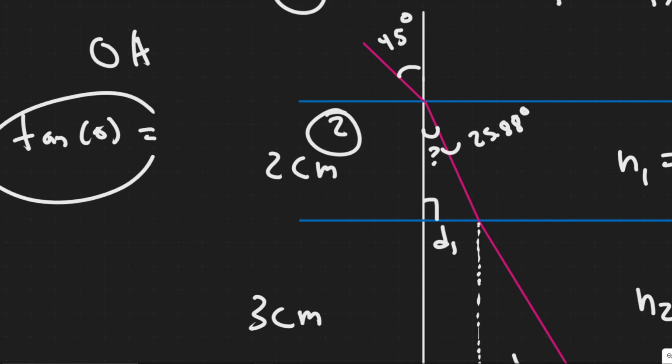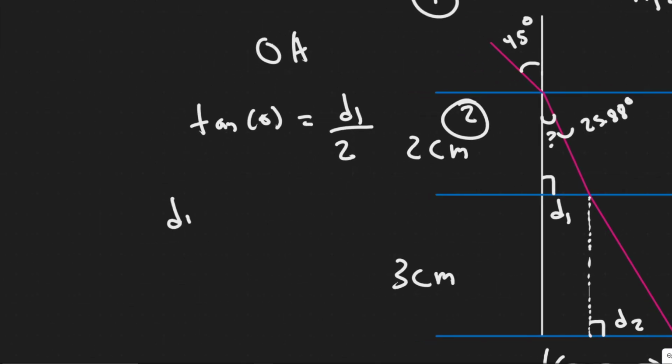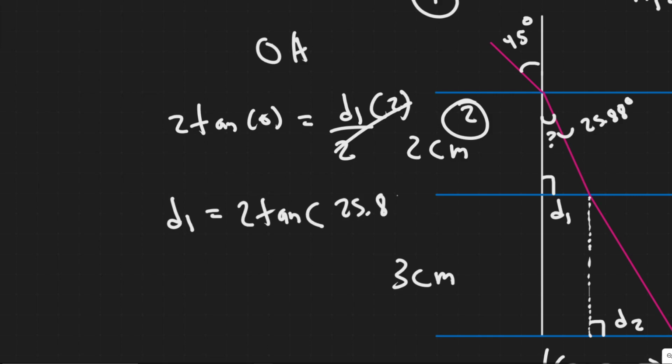So the tangent of our angle is opposite D1 divided by the adjacent, which is 2 centimeters. So for your D1 value, you would just multiply both sides by 2. So it's equal to 2 times the tangent of the angle, 25.88.